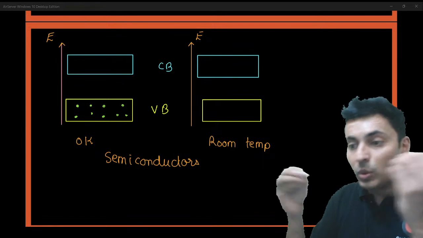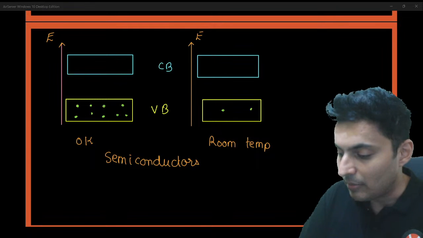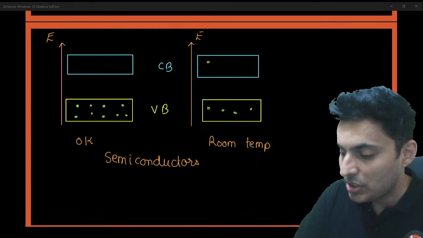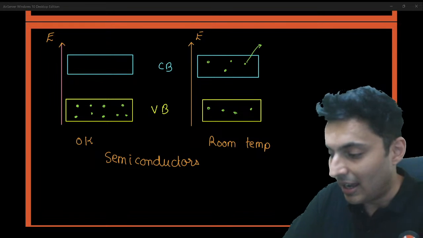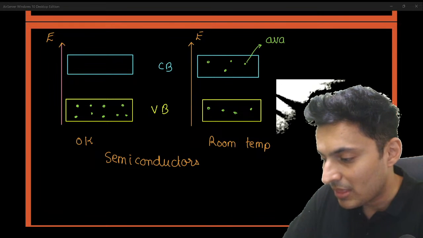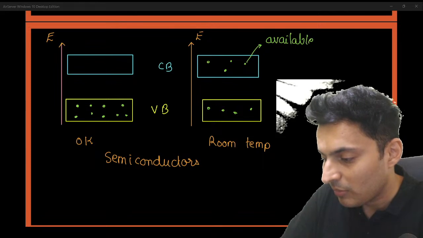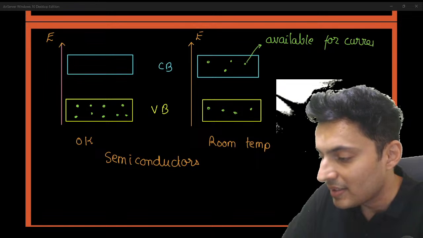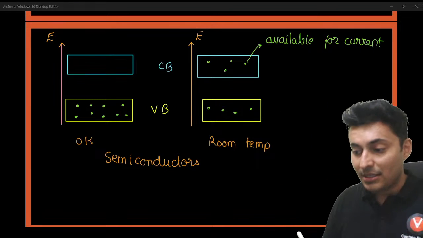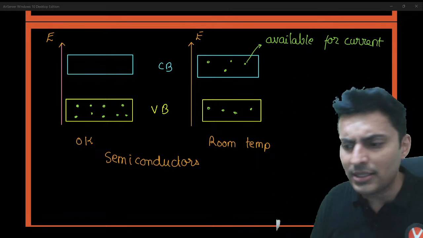Only at room temperature, due to thermal collisions, some of these electrons will jump into the conduction band. These are available for electrical current because of thermal collisions. But at 0 Kelvin, no electrons are there.